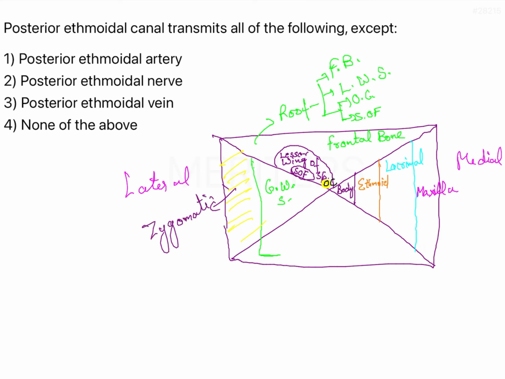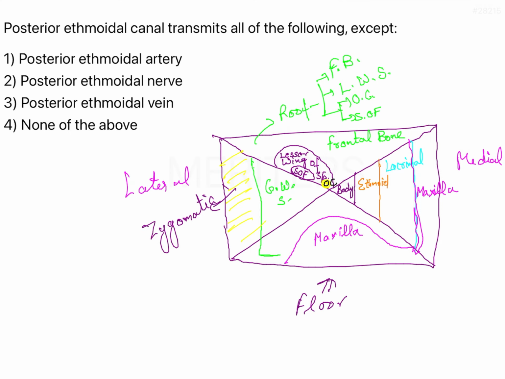Okay, so this is the lateral portion. Now this is going to be the floor. This complete triangle is going to be the floor. This floor is formed by maxilla. The maxilla was forming till here, the outer portion, and most of the portion here also is going to be your maxilla.